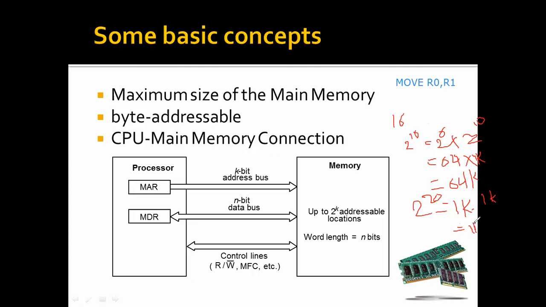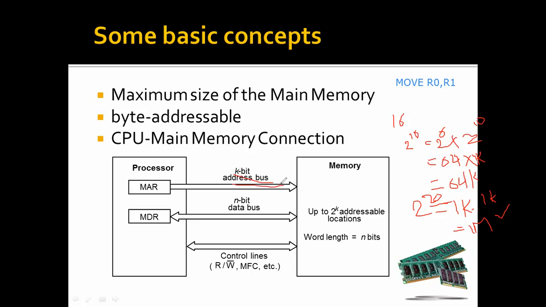Generally in mathematics, we take 10 cube as K, 1 kilo. 10 cube into 10 cube means 10 power 6, which is nothing but 1 mega. So if the processor has 20 address lines, then the total maximum memory locations are 1 mega locations.